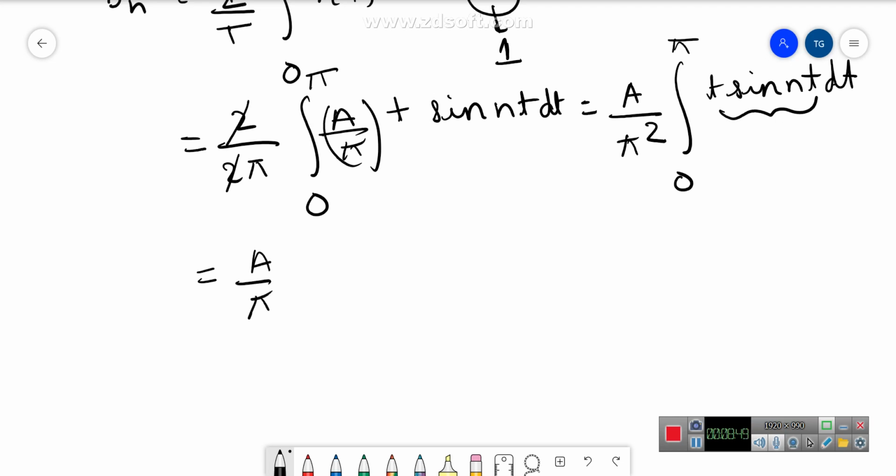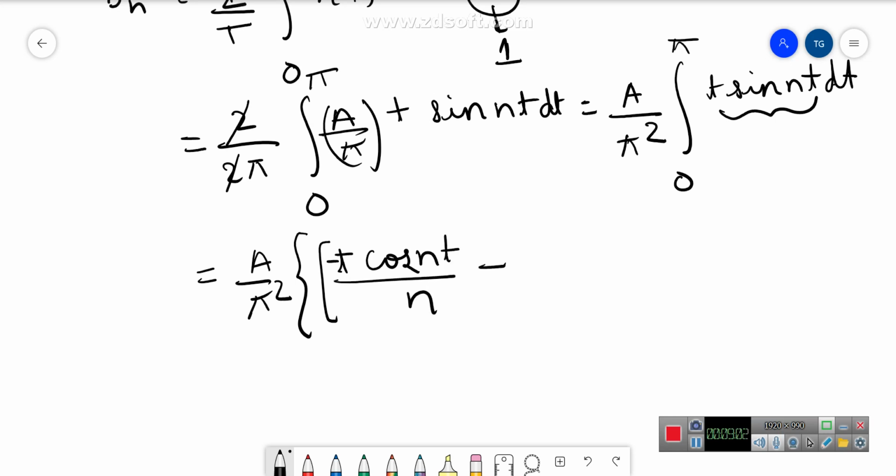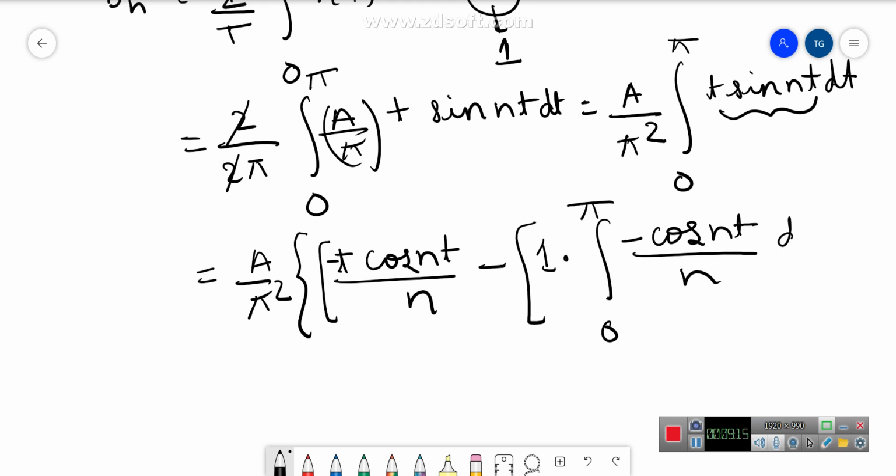So A by pi squared: t is kept as it is, and the sine function becomes minus cos nt by n, minus the integral from 0 to pi of the derivative of t, that is 1, times minus cos nt by n dt. So we are just double integrating sine nt.